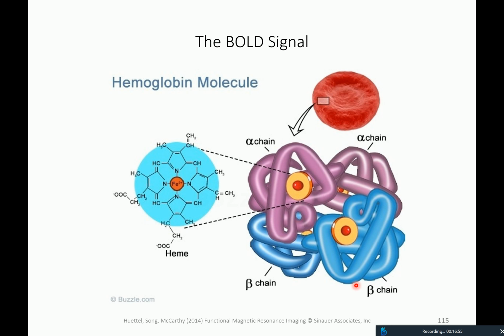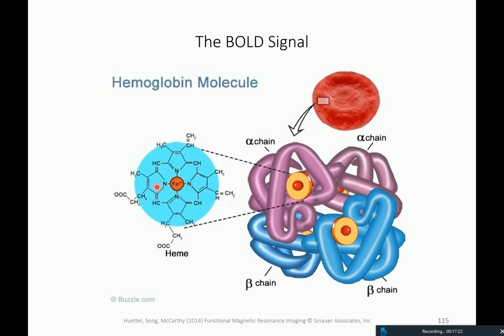So this is zooming into the erythrocytes and showing the hemoglobin molecule, which comprises 4 amino acid chains, 2 alpha chains and 2 beta chains, and in addition what is referred to as heme groups that also involve ions.